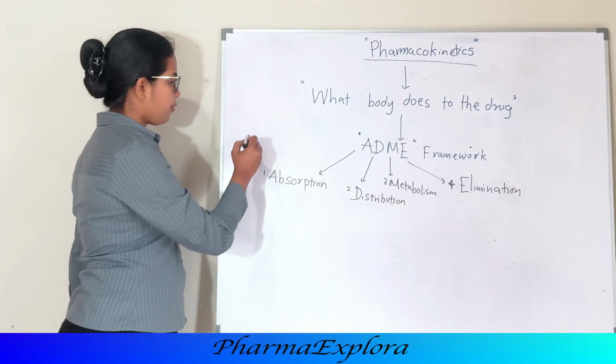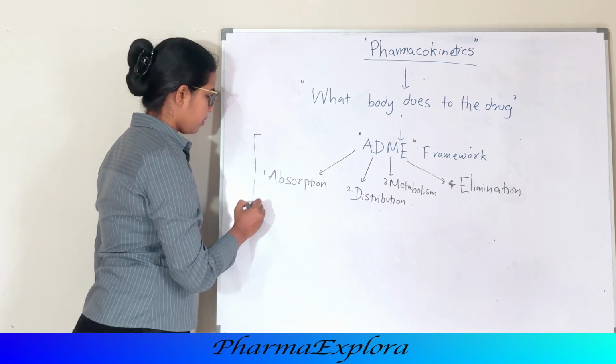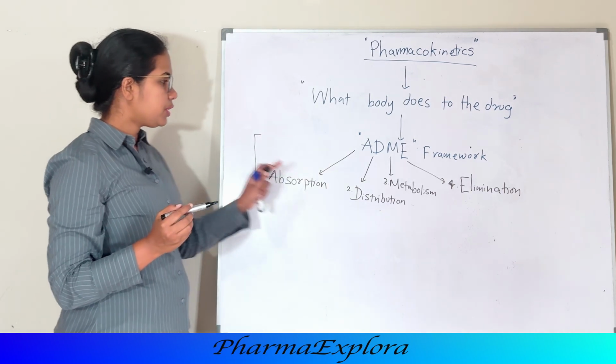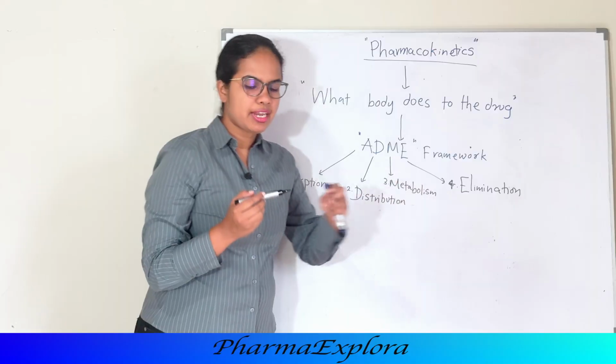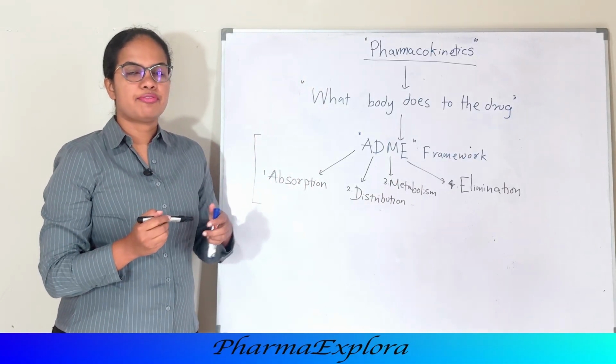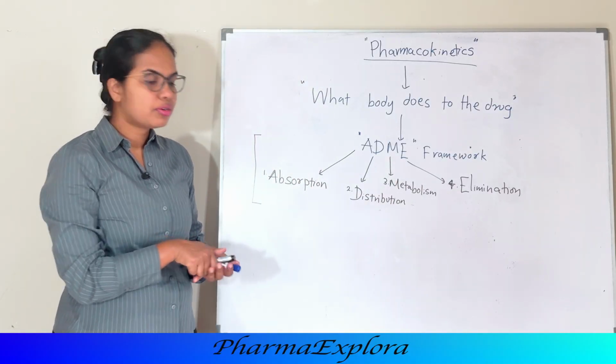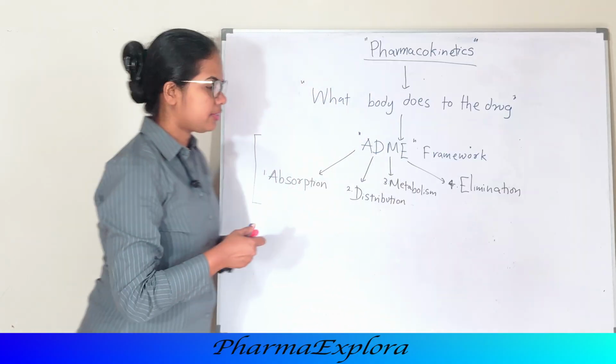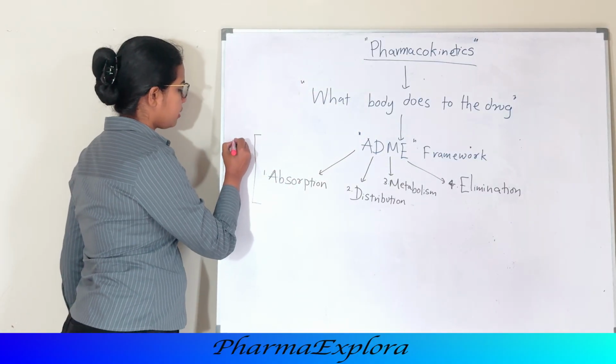So these four, the absorption, distribution, metabolism and elimination, are also defined as the four pharmacokinetic parameters.